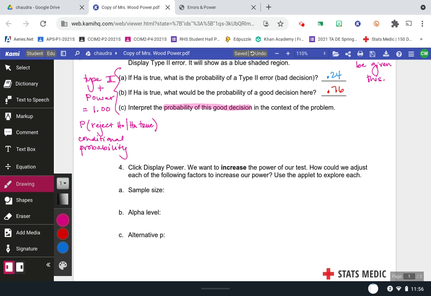So we have to take that idea and make it into something that uses the context of our situation. Okay, so we're going to start with our if part, because a lot of the times when we write conditionals, we start with the if, the given, and then we write what comes of it.